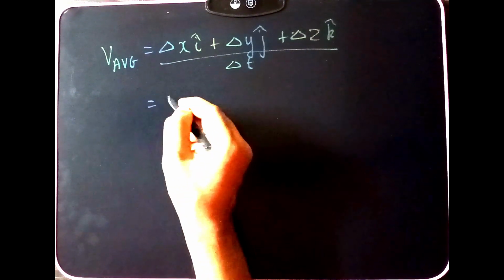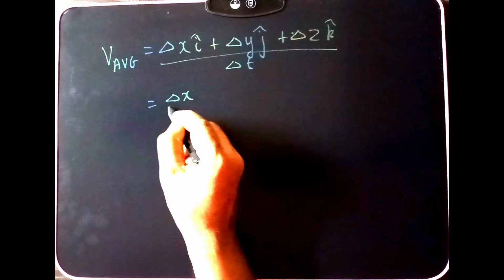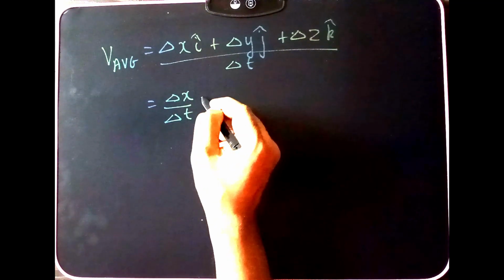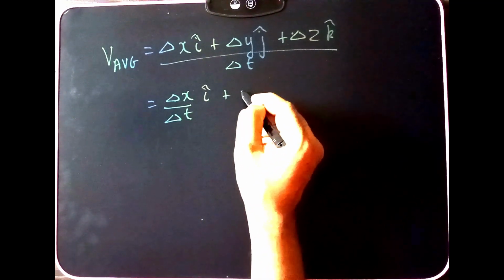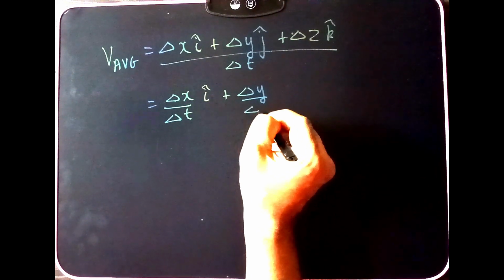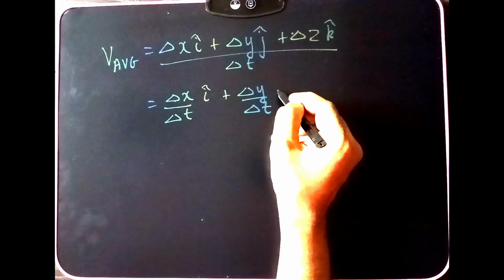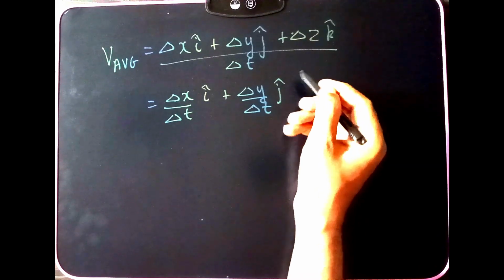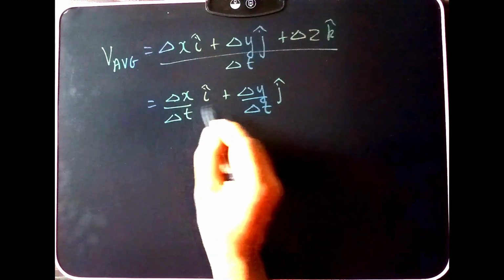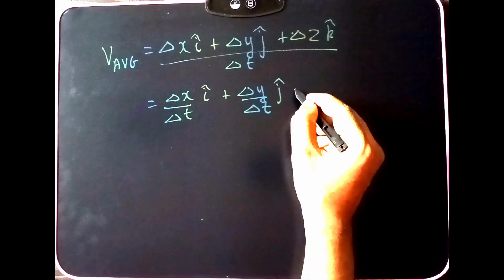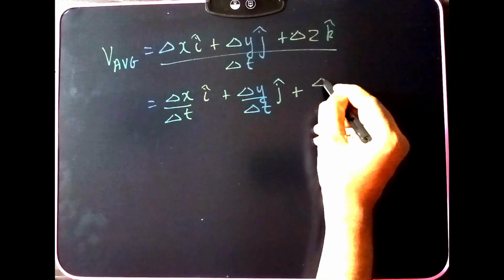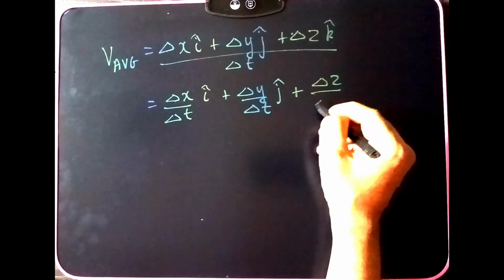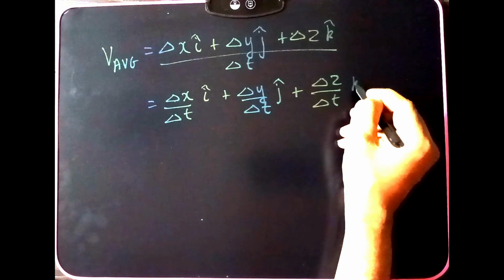This can also be written as delta x by delta t i cap plus delta y by delta t j cap. If it was two dimensional, you would have just these two components, i cap and j cap. And if it is three dimensional, you will have the third component, which is z as well, k cap.